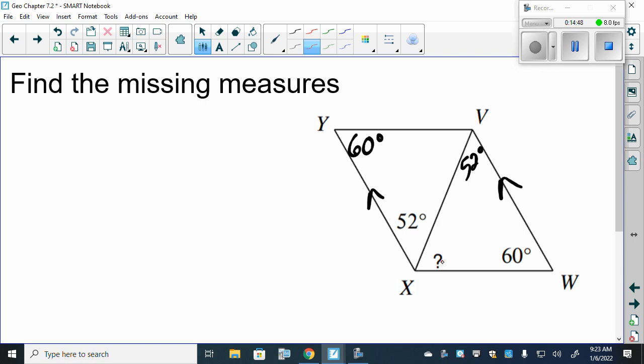But what we do know for sure is that 52, and we'll call this, well, they took x and y as variables, so I can just call it A, I'm just picking a variable, that 52, angle measure A, and 60 degrees, those three will add together to be what? 180.